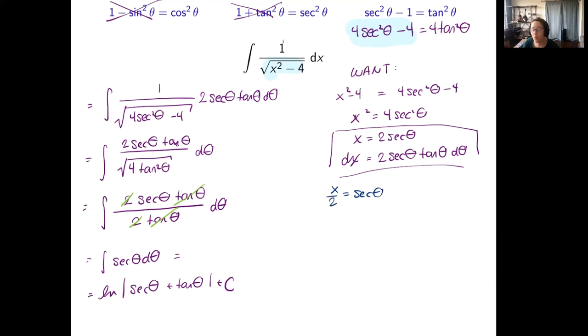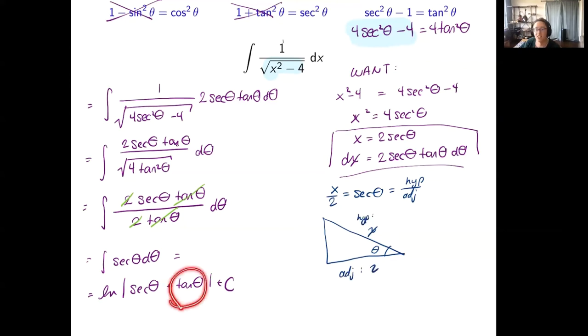So again, one way of doing this is to draw a right triangle. Now secant theta, that's 1 over cosine, so that's hypotenuse over adjacent. So in my right triangle with angle theta, I'm going to label the hypotenuse as having measure x and the adjacent side as having measure 2. For the tangent of theta, I need the opposite over the adjacent.